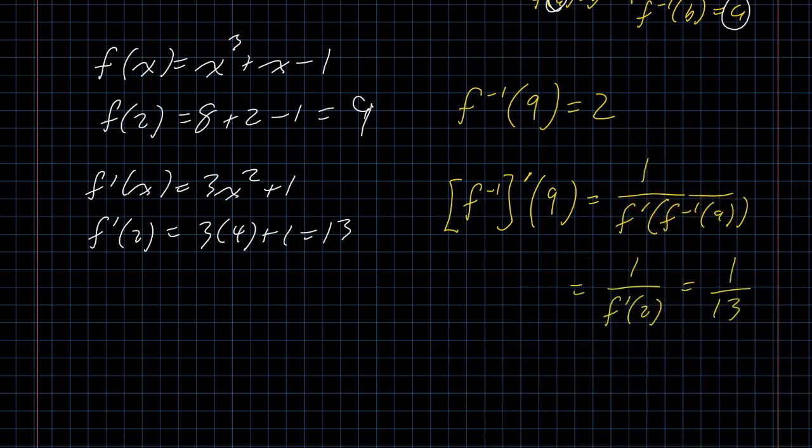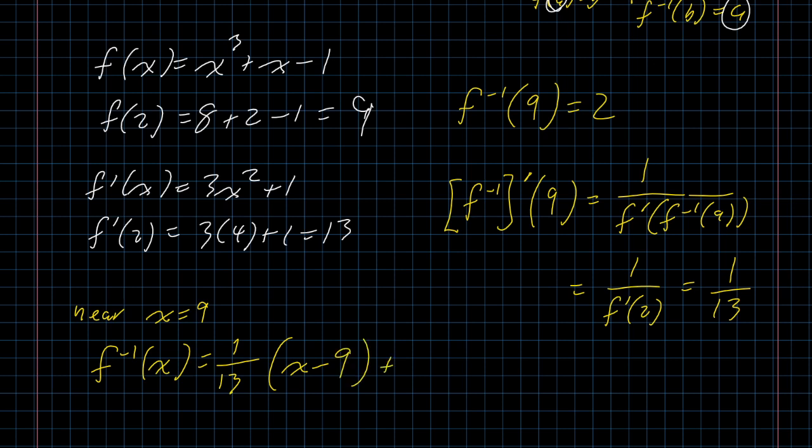So, near x equals 9, f inverse of x is approximately the slope, the derivative, 1 over 13, times x minus the point in question, 9, plus the value at that point, 2. This is not the inverse function. This is an approximation of the inverse function. But if we want to be evaluating the inverse function near that point, then we have something to work with.